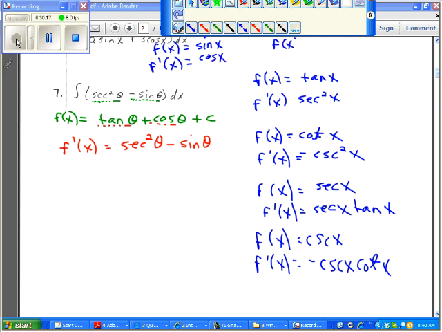The derivative of cosine x is the negative of sine x. Okay, so there are our basic trigonometric derivatives, in case you need those in your notes. And so we're just thinking backwards when we're integrating, okay? All right, any questions on number 7?